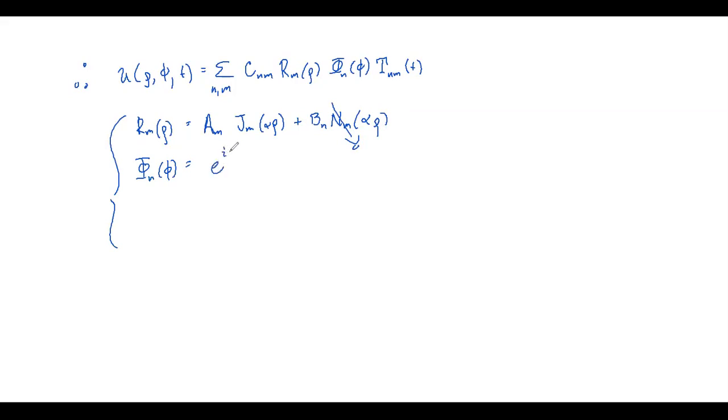I like the complex exponential idea, e^{i 2π n φ}. And then T_nm(t) is going to be equal to e^{iω_nm t}.